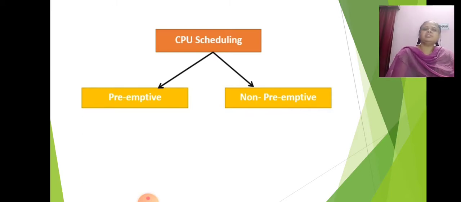Why do we need scheduling? A typical process involves both input output and CPU time. In a uniprogramming system like MS-DOS, time spent waiting for input output is wasted and the CPU is free during this time. In a multi-programming environment, one process can use the CPU while another is waiting for input output.